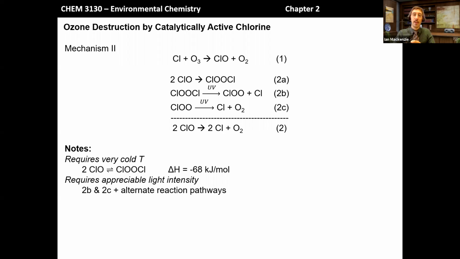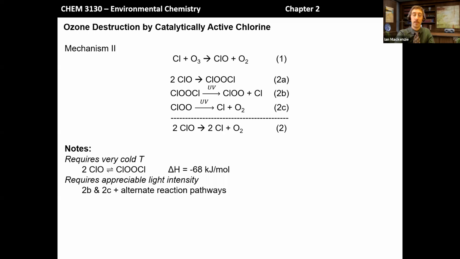Additionally, the desired reaction shown is not the only reaction that occurs when dichloroperoxide absorbs UV light. Another reaction is simply the dissociation of the oxygen-oxygen bond to regenerate two equivalents of the chlorine monoxide. So we do require at least a certain level of UV intensity in order to turn this back over to atomic chlorine.